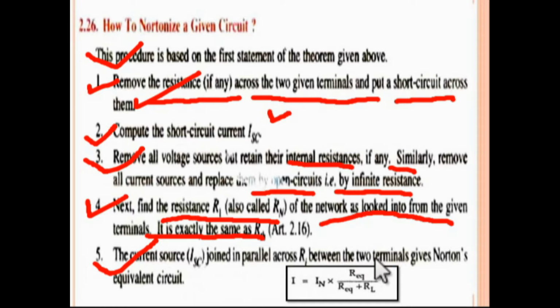After finding all the parameters, we draw the equivalent diagram, and then we find the load current. The formula for load current is Norton's current IN into RN upon RN plus RL.